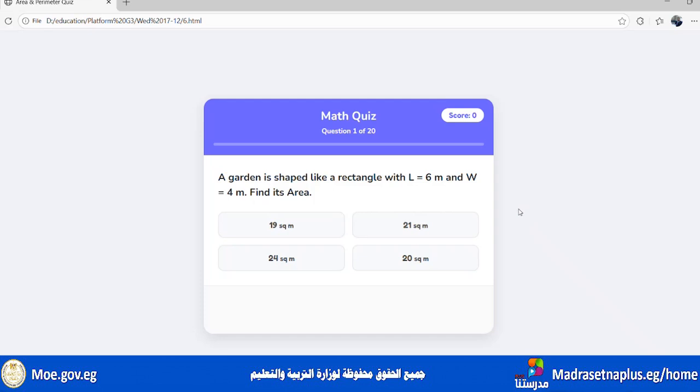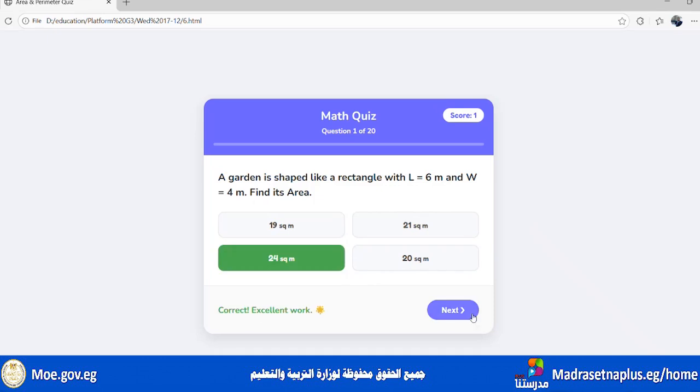L is the abbreviation for length. W is the abbreviation for width. So the dimensions of this shape are 6 and 4. We need to find its area. So the area equals what, my kid? Area equals length times width. That's right. That means 6 times 4 equals 24 square units.